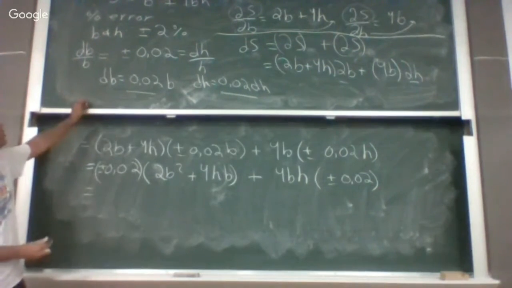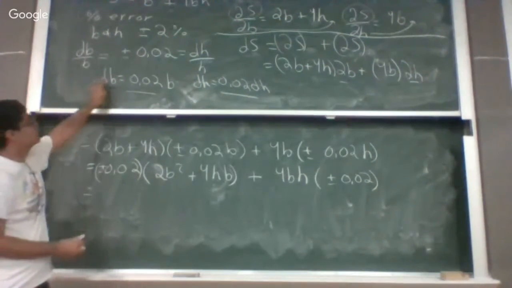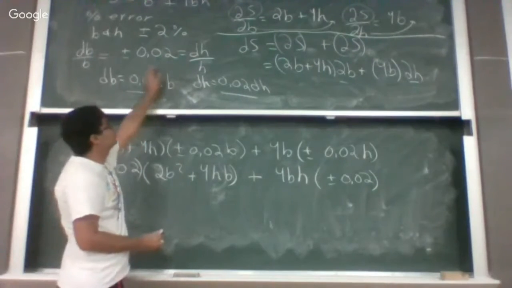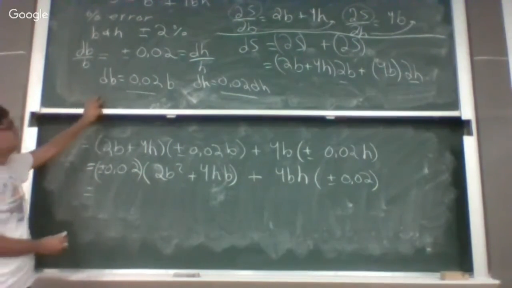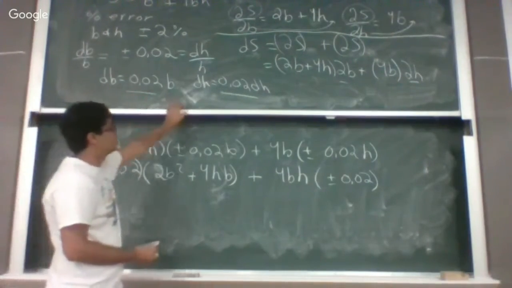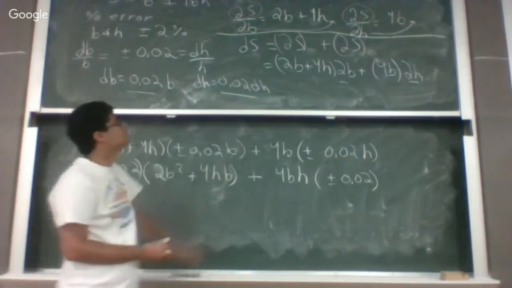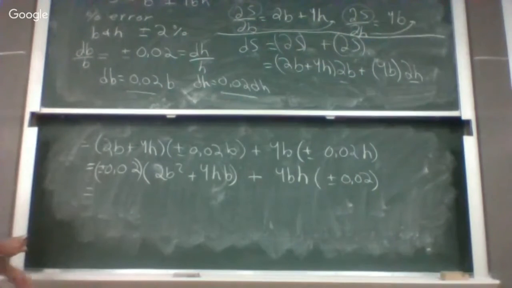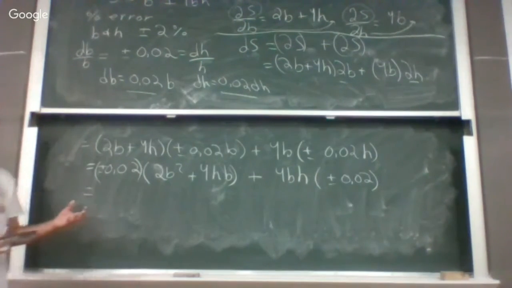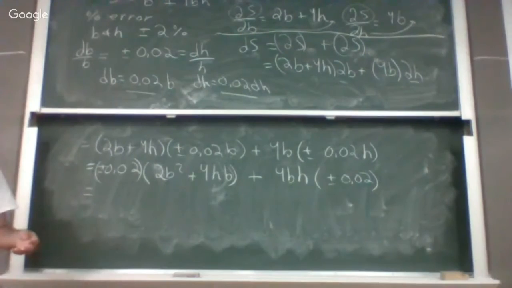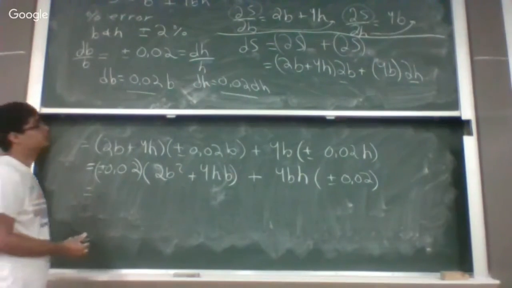Essentially, knowing that dB over B is equal to 0.02 and dH over H is equal to 0.02, because that's the percent error, we can find dB and we can find dH. The entire derivative, or ds, is equal to the partial of s that we found with the base and the partial of s that we found with h. Okay? So we need to add those components.